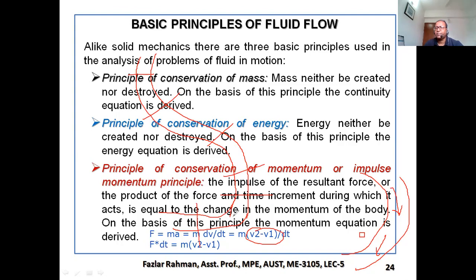In this area, due to the change of momentum, the fluid will impose some force on the pipe, and you need to make sure that the support of the pipeline can carry that force. We'll derive that equation and show you how, if there is a change of momentum of the fluid, we get a force.